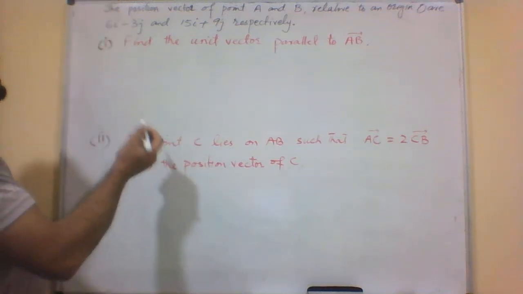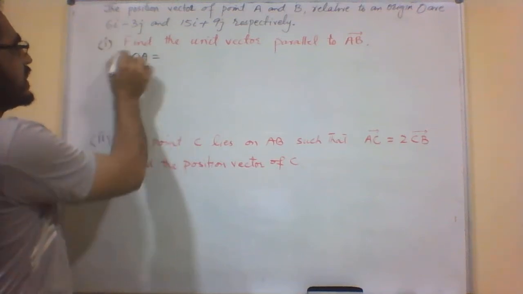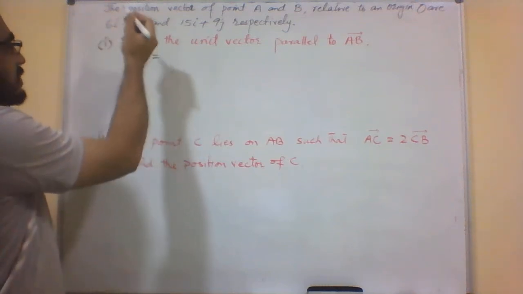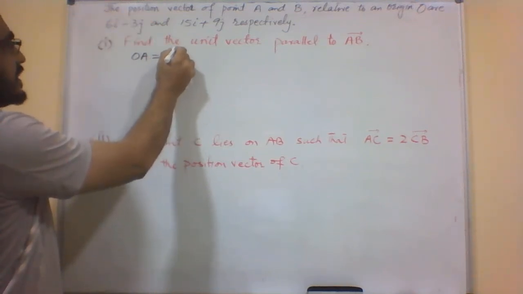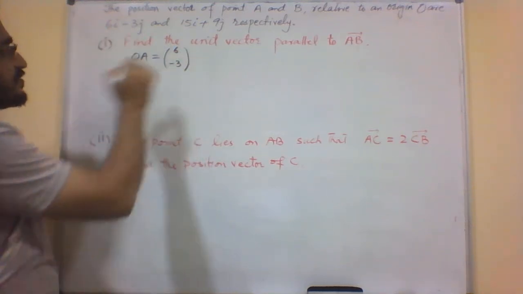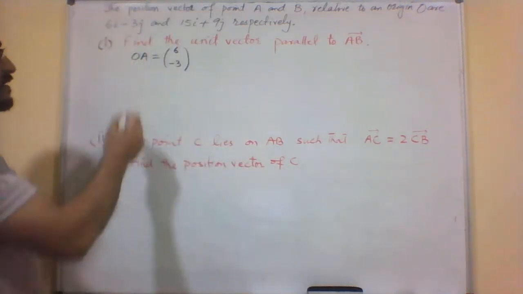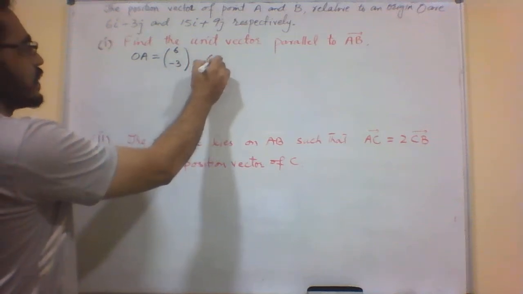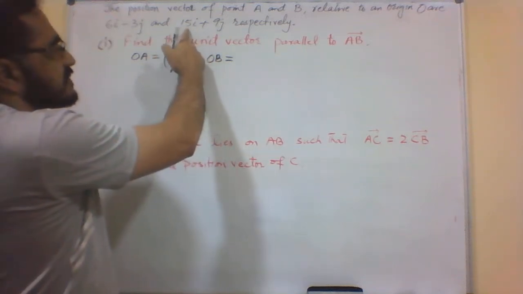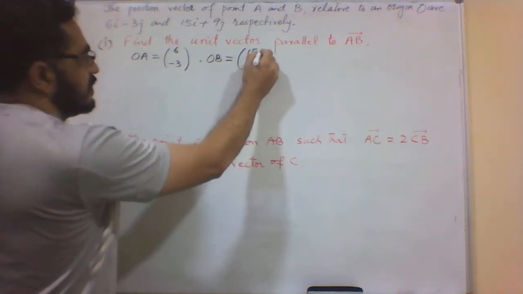Then the position vector of A, we can write OA, is 6i minus 3j. We can represent it using the coefficient of i and the coefficient of j, in the form 6, minus 3. Then OB is 15i plus 9j, which we can write as 15, 9.